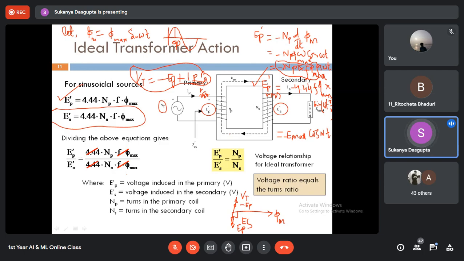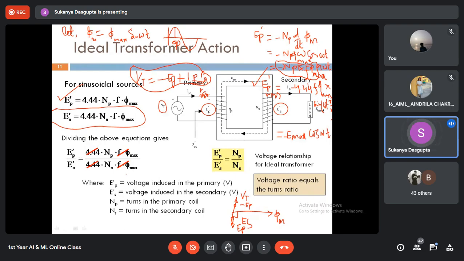Is it clear to everyone? Because look at the EMF equation, ES is also equal to E max cosine omega t. So ES is also lagging the flux by 90 degrees. So ES and EP are both in the same phase, right?